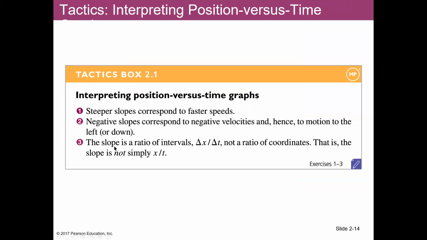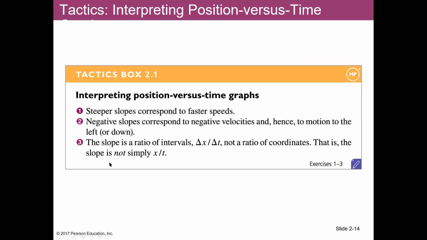Okay, so a summary of interpreting these graphs, right? The first thing, the slope: steeper slopes correspond to faster speeds, slower slopes correspond to slower speeds. Negative slopes correspond to negative velocities, and hence motion to the left or down.